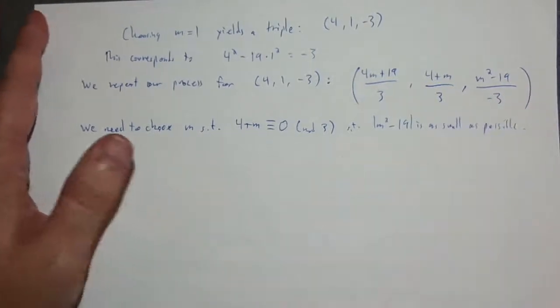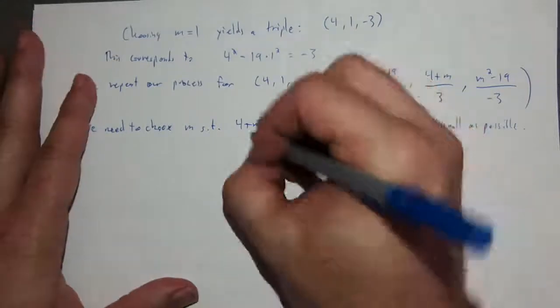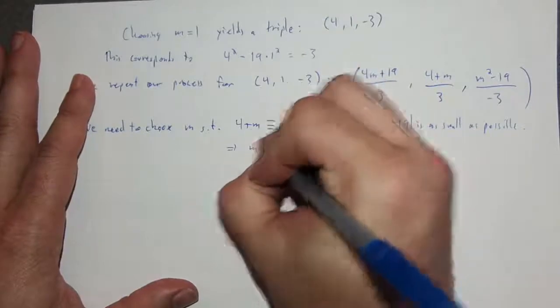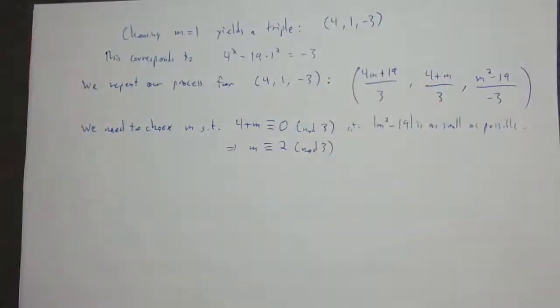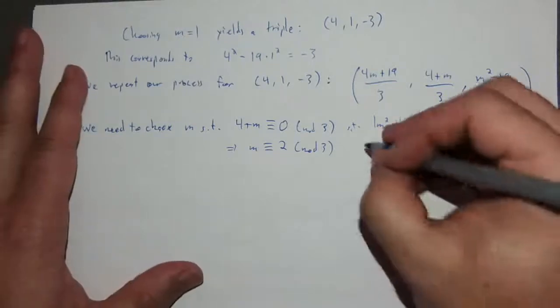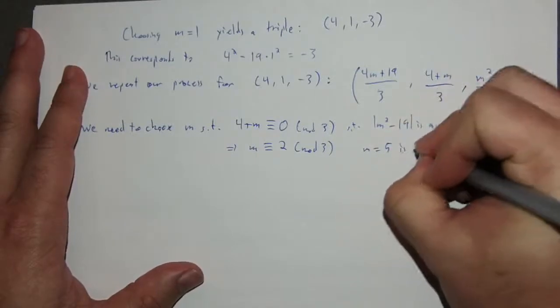So m needs to be congruent to 2 mod 3, right? That's what this says. So we need an m congruent to 2 mod 3 such that the absolute value of m squared minus 19 is as small as possible. So the smallest m for which that's true is 5. So m equals 5 is our choice.